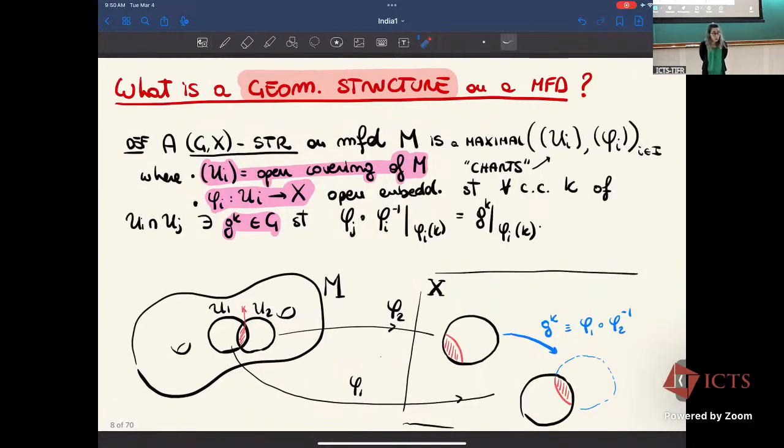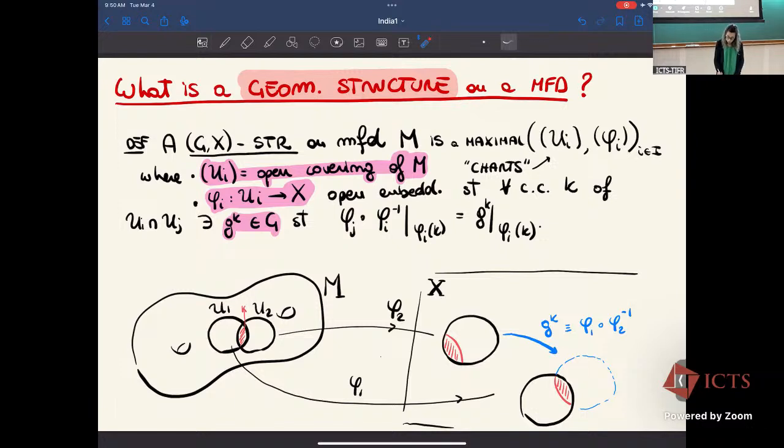And so what does it mean to put a geometric structure on a manifold? A geometric structure on a manifold is the data of an open covering. In this case, the picture is of a surface. And you have charts, so for every open set you map into your model space.